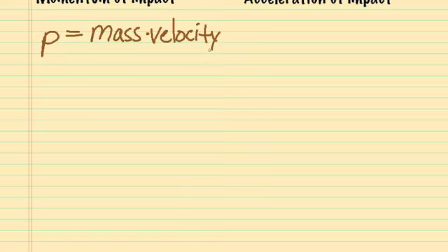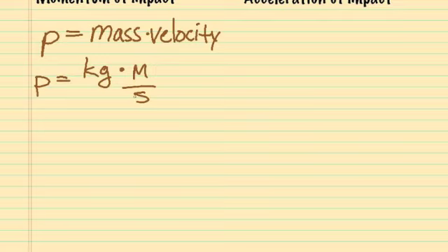Okay, so we also know that p is going to be in units of kilograms times meters divided by seconds. So we've done that, and we know that the momentum is how that force is carried through as the projectile is in motion, is in the air.